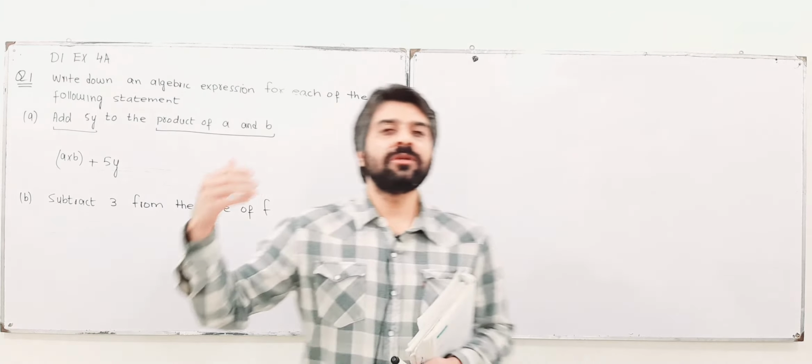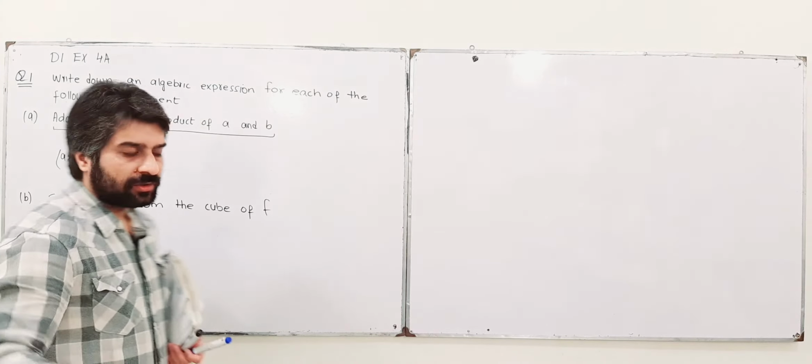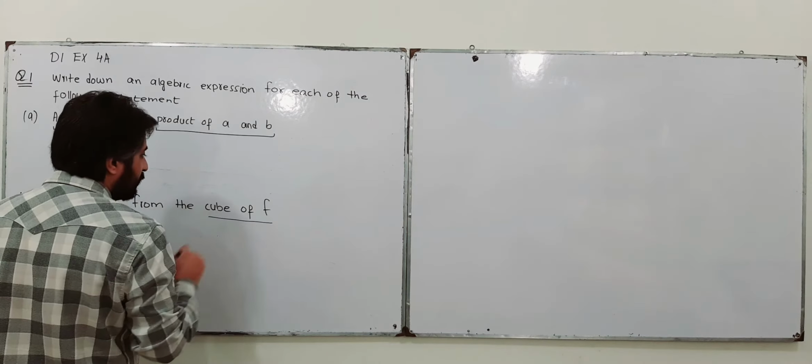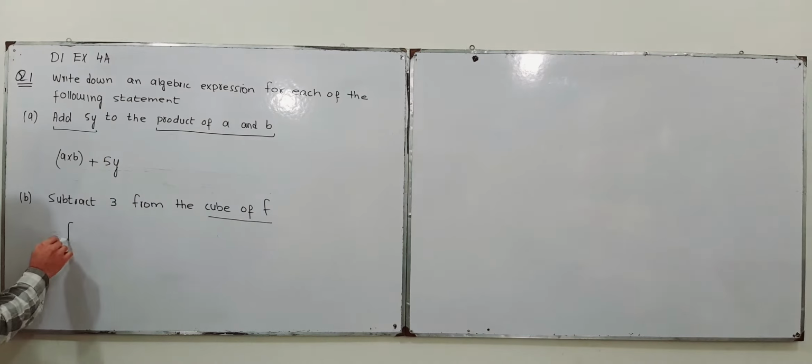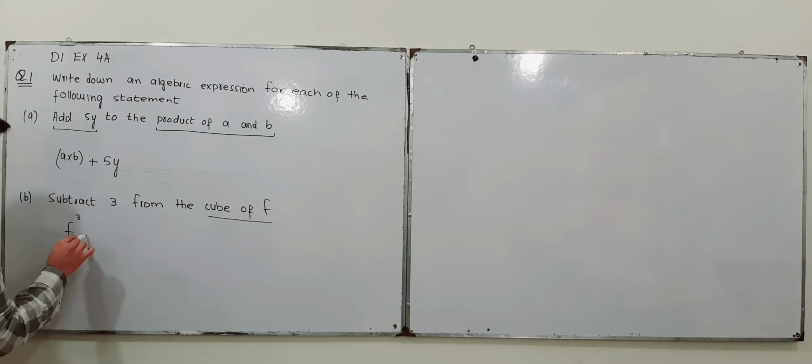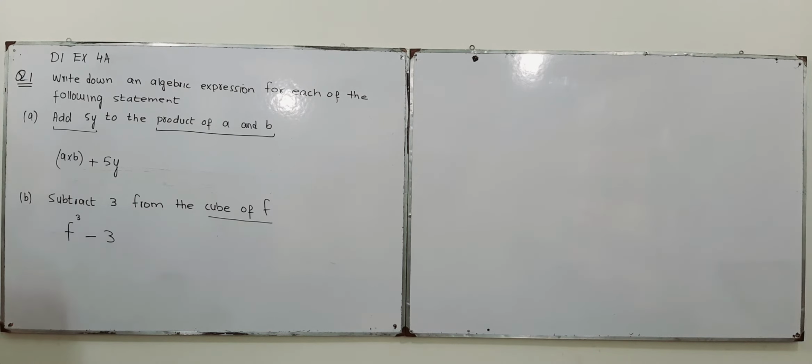Subtraction will be performed later on. First of all, we need to find the cube of f, that is f cube, and now we are going to subtract 3 from the cube of f. This is your required algebraic expression for this statement.